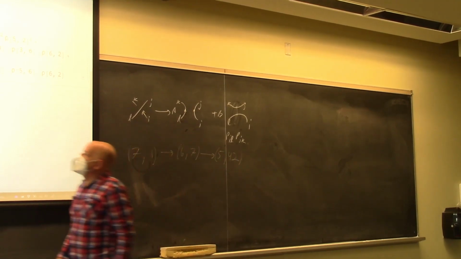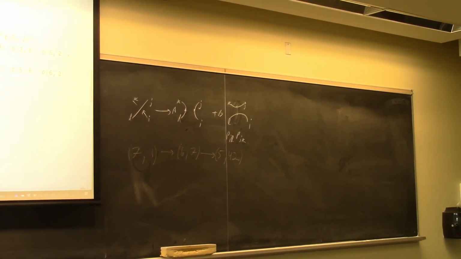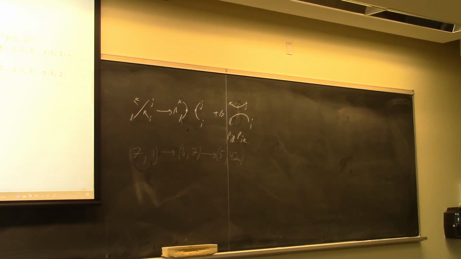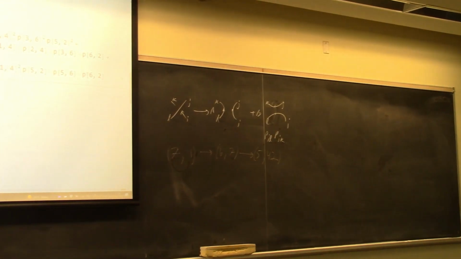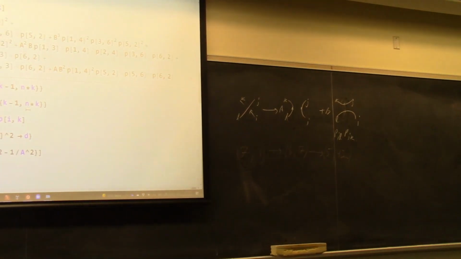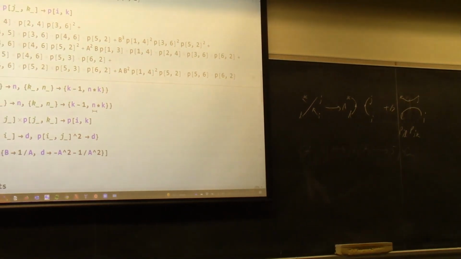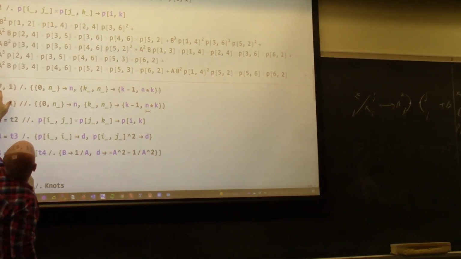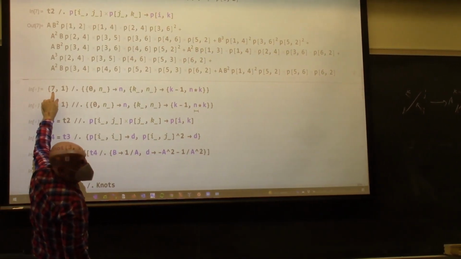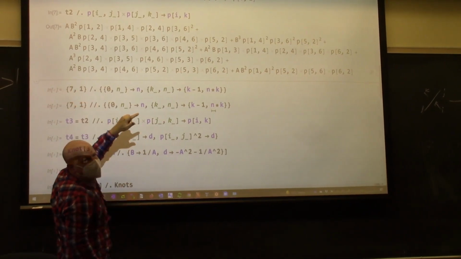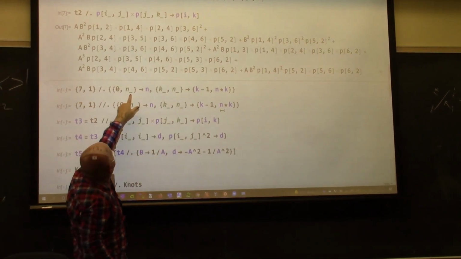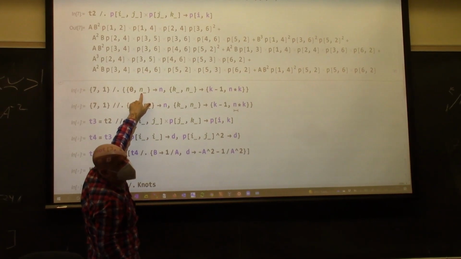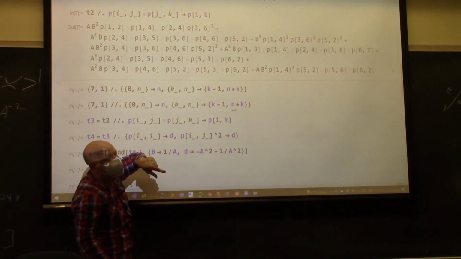Okay? Anyway, so I want to take 7, 1 and apply to it the rules. Well, if the 7 was a 0, then do nothing. So take whatever the output was and output it.